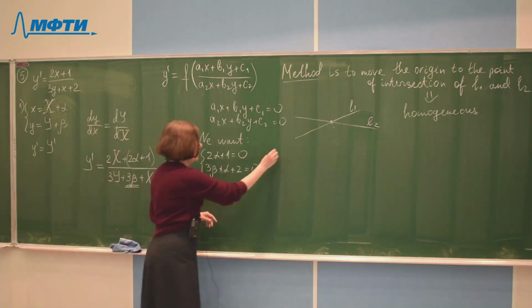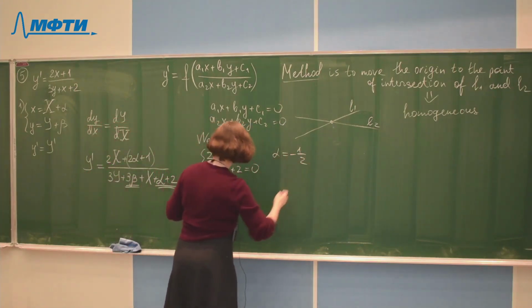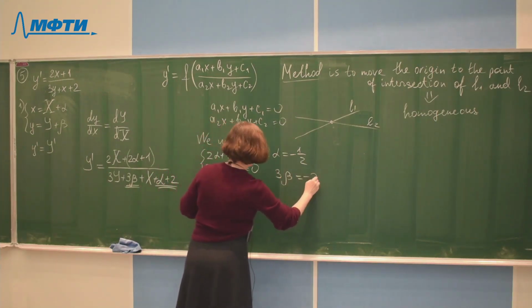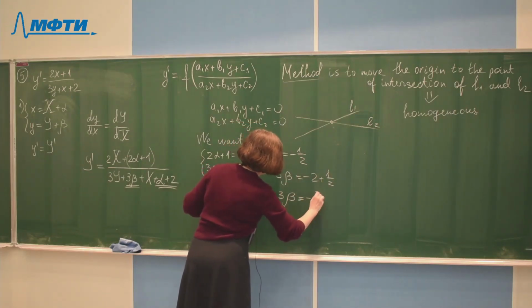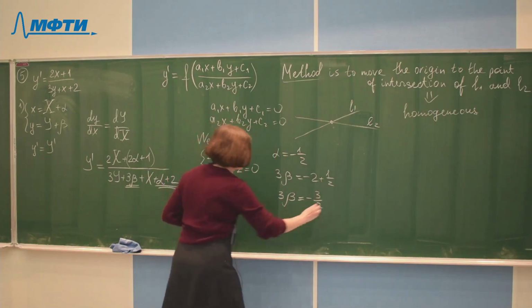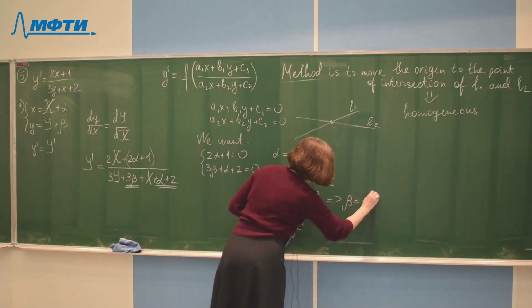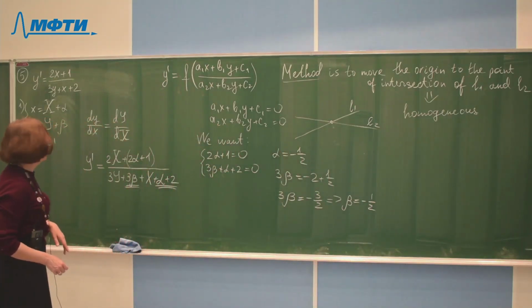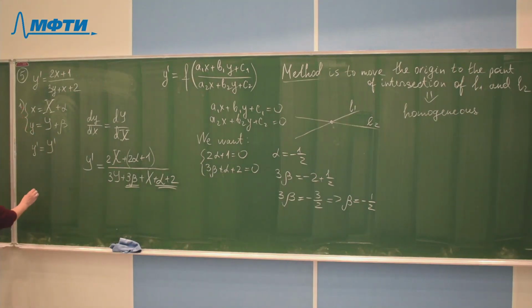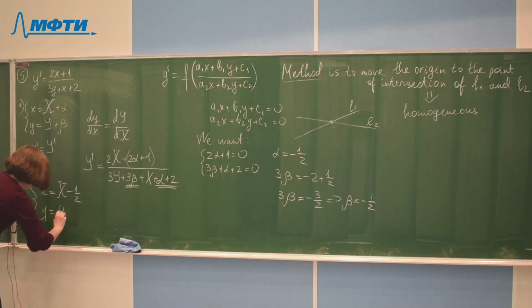Let's solve. So alpha is equal to -1/2. Then 3 beta will be equal to -2 plus 1/2, so 3 beta is equal to -3/2. So beta is equal to the same, -1/2. And so our change of variables will look like x small is equal to x capital minus 1/2, and y equals y capital minus 1/2.